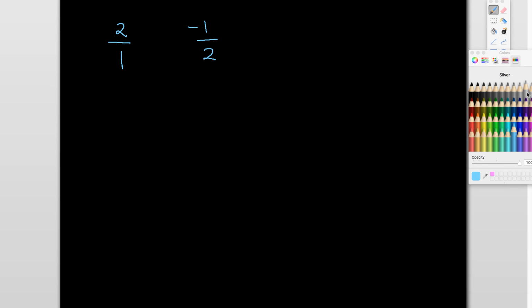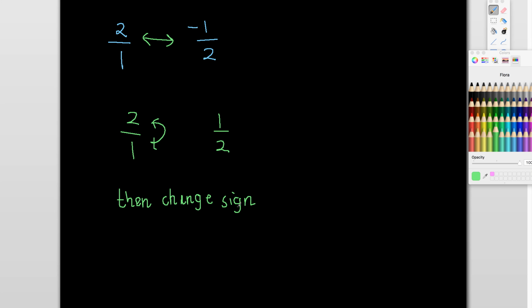So by negative reciprocals between these two here, what I mean is you can flip the 2/1, flip it, and you get 1/2, and then change the sign. If I do that, flip it and then change the sign, you can see I get -1/2. So therefore these are negative reciprocals.